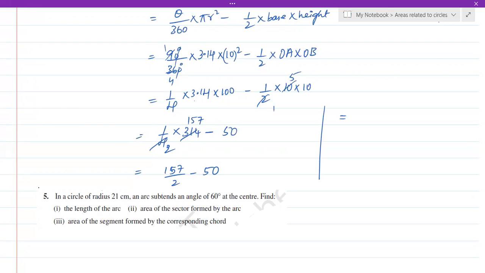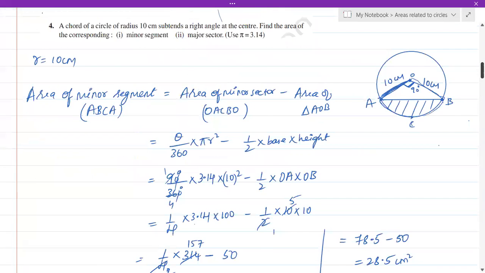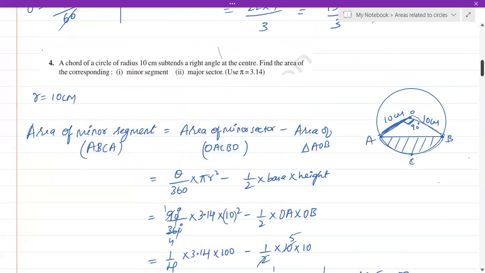That will be equal to 78.5. Okay, you can check it. 78.5 minus 50 becomes 28.5 centimeter square. That's the area of the minor segment.